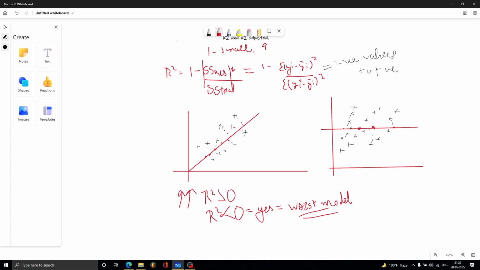Suppose for the first iteration it was somewhere around 0.8, and we get something like 0.2, then the second gets 0.7, 0.6, 0.5, so it will keep on increasing, right?